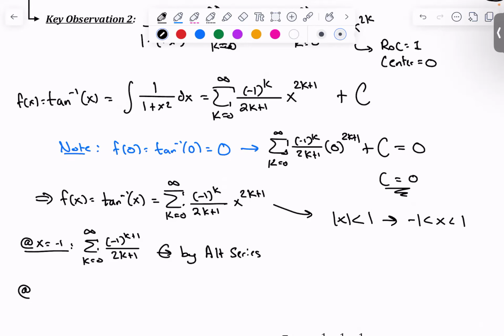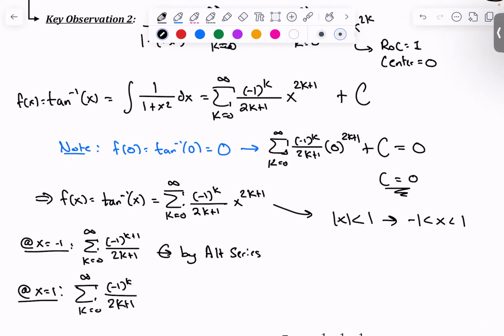And then we'll try x equals 1, but that actually ends up giving me the exact same series. Well, not exactly the same. It's the negative version of the previous one. Because when you plug in 1, 1 to the 2k plus 1, that just wipes away. It's gone.